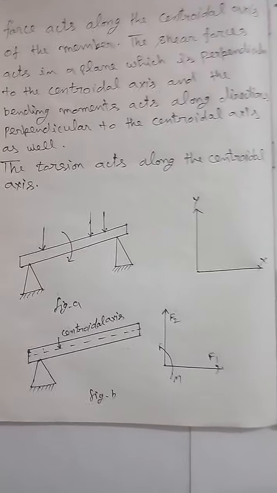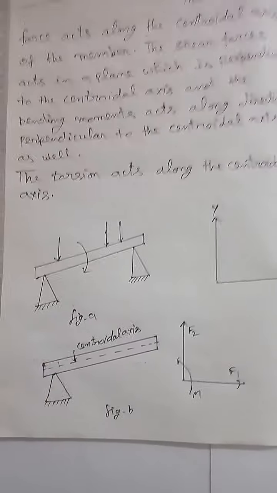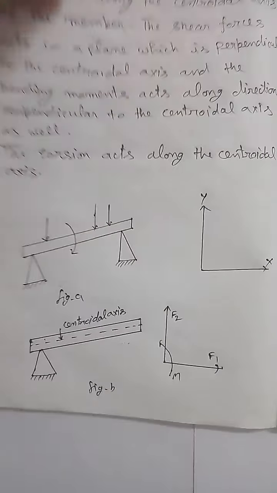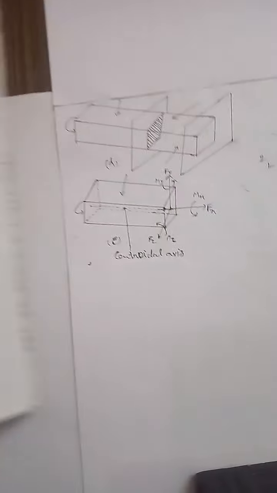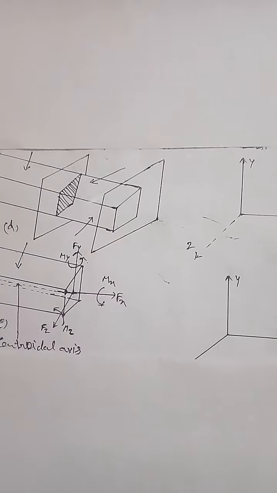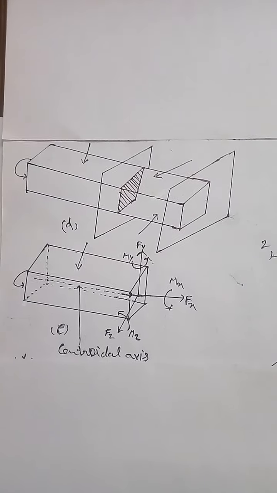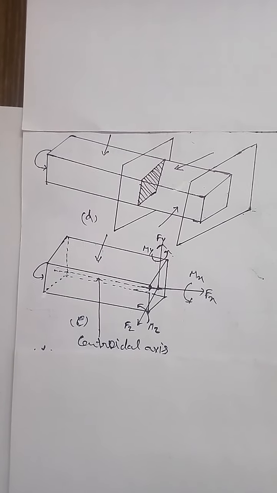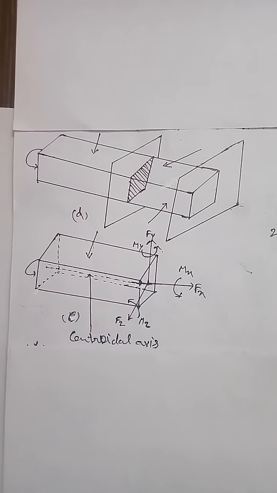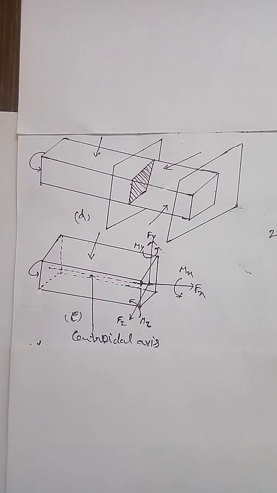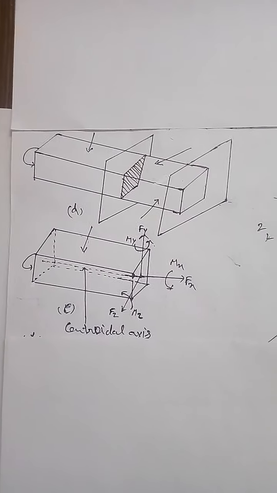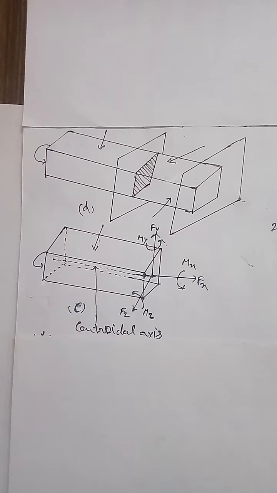To understand different members, let us consider another example of a three dimensional member. Here you can see a three dimensional structure of a member, and we can understand with the help of this.